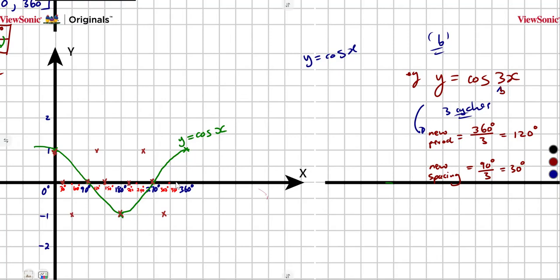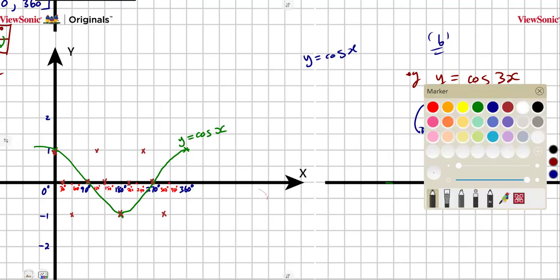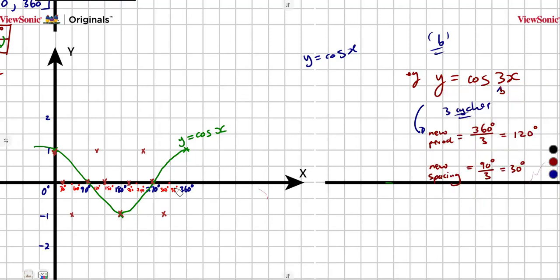All right, so here I need a point. Let me try to change this one. Let's hope it's not going to affect here. So it's 300 at -1, 330 versus 0 there, 360 versus 1.